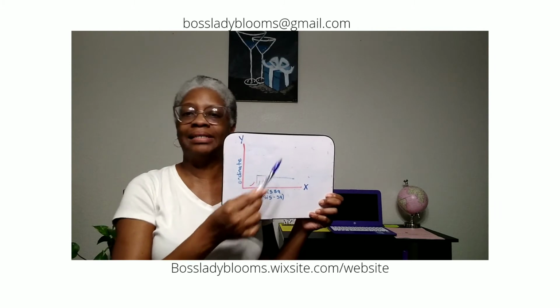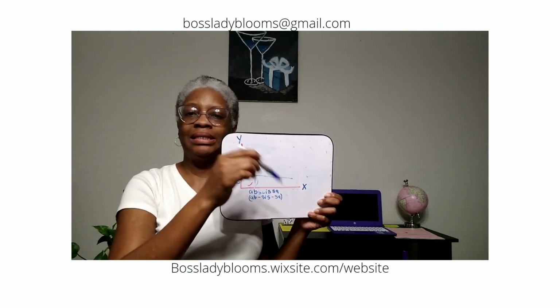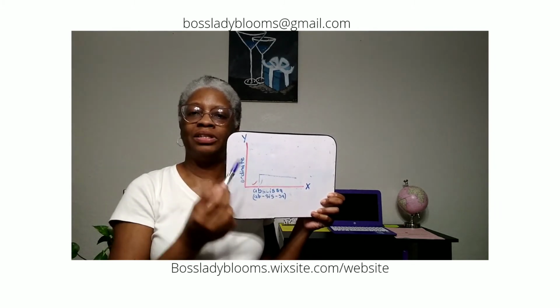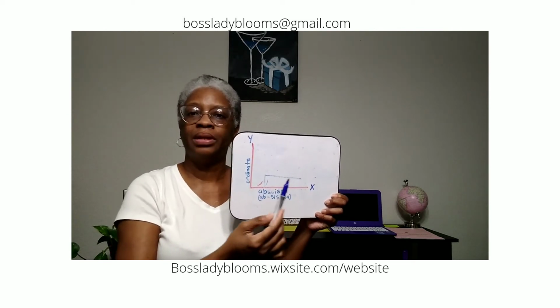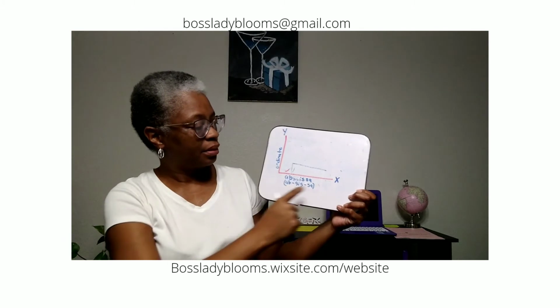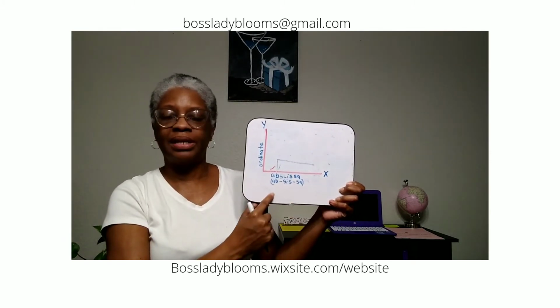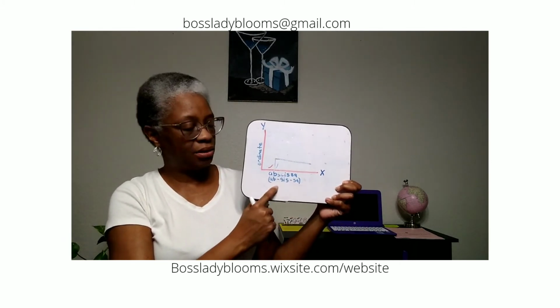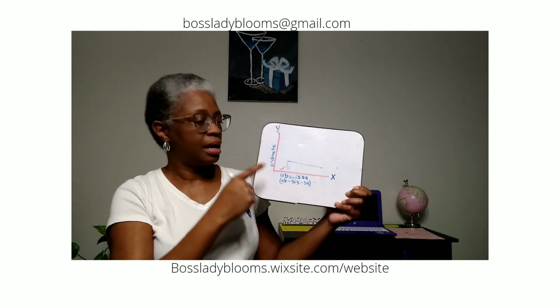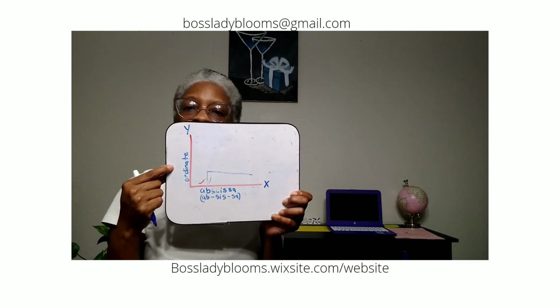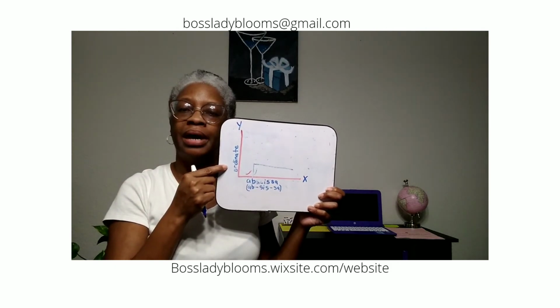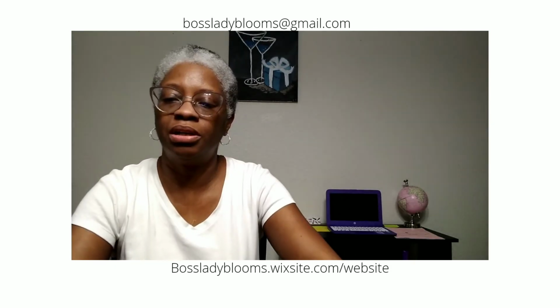Upward or ascending, downward or descending, and if it's straight across, it's steady or zero. Keep in mind the x-axis will always have time or dates or sessions, and the y-axis will always have behavior.